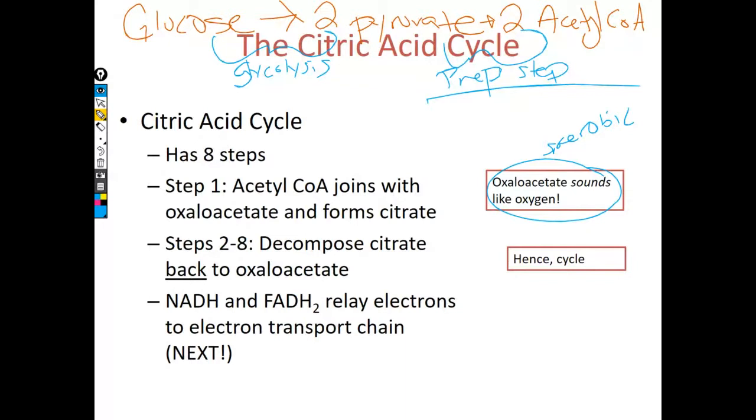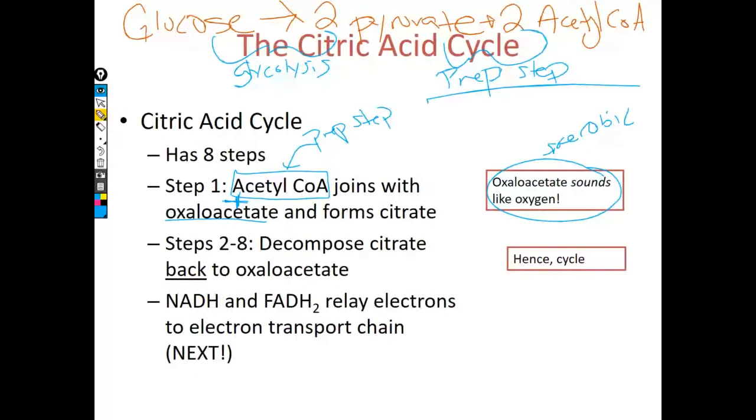Okay, we're coming in with acetyl-CoA. This is what the prep step is bringing in. Acetyl-CoA is going to join with oxaloacetate. So acetyl-CoA plus oxaloacetate.